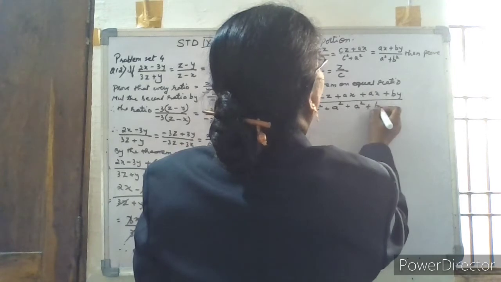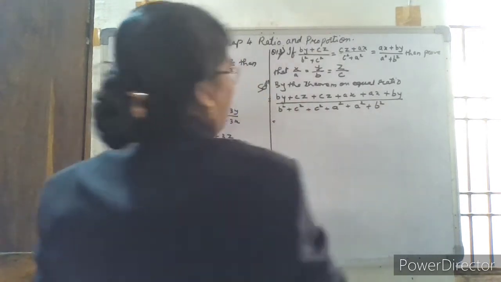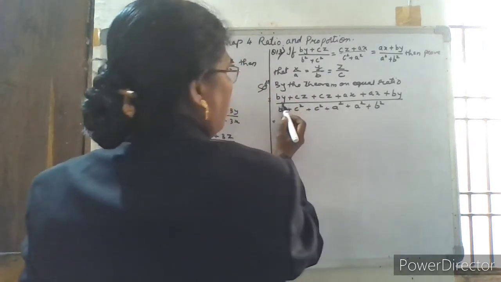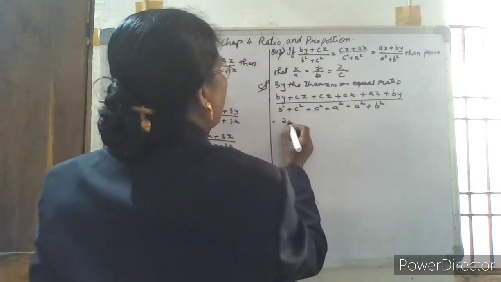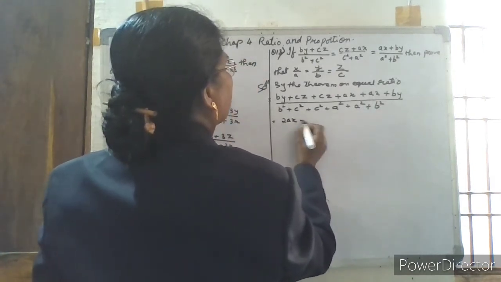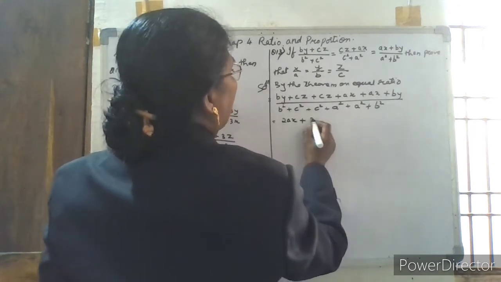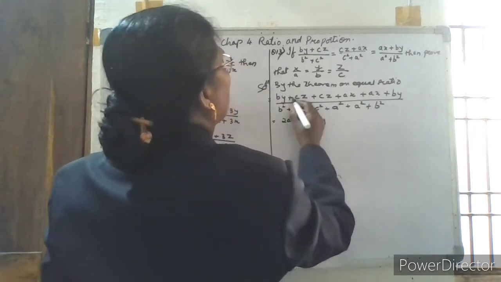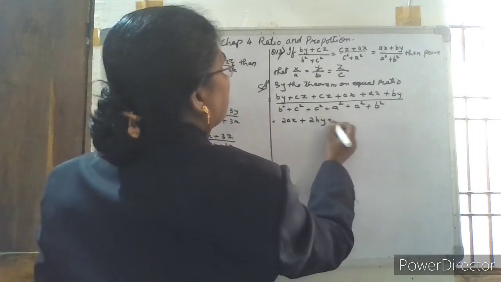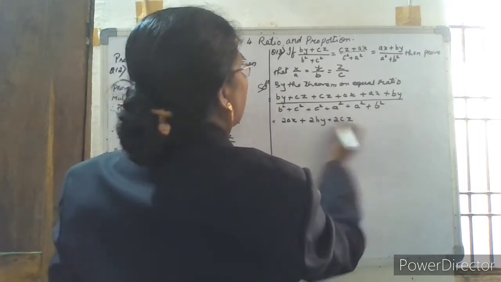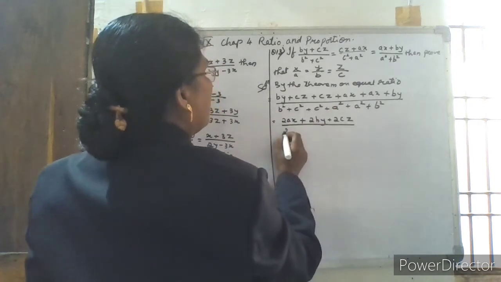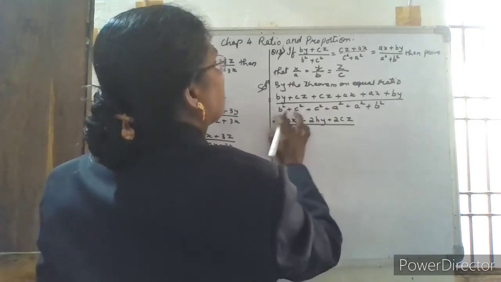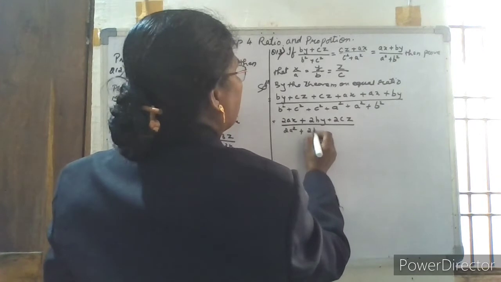Now we are left with what? See here, ax plus ax is 2ax, plus 2by plus 2cz, upon 2a squared plus 2b squared plus 2c squared.